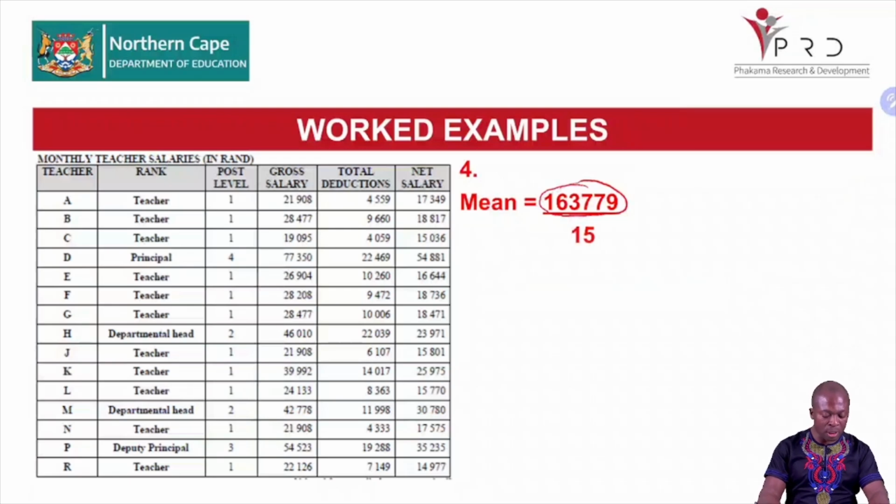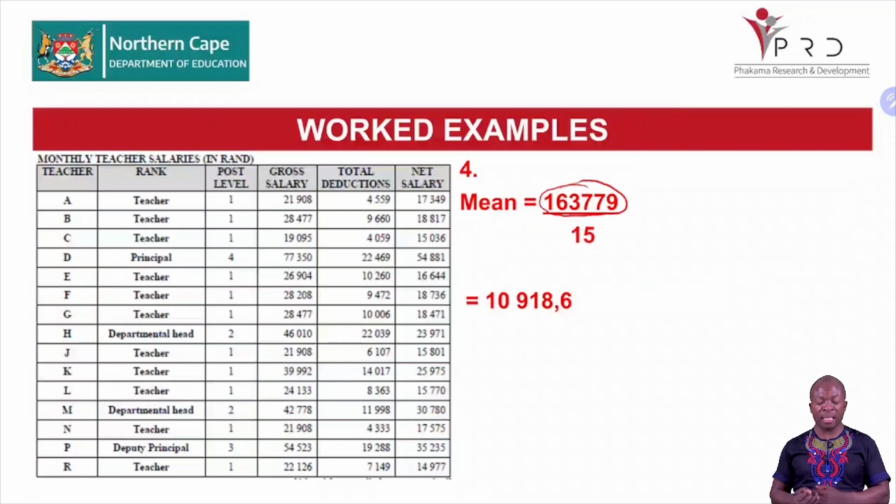Can you see this time we are not just looking for only post level 1 teachers, whether you are a deputy or a departmental head, you are still a teacher. So it means that the answer is 10,918 rand 60 cent, the mean total deductions. We are looking for all these ones. We add all of them together and then we divide it by how many values there are.